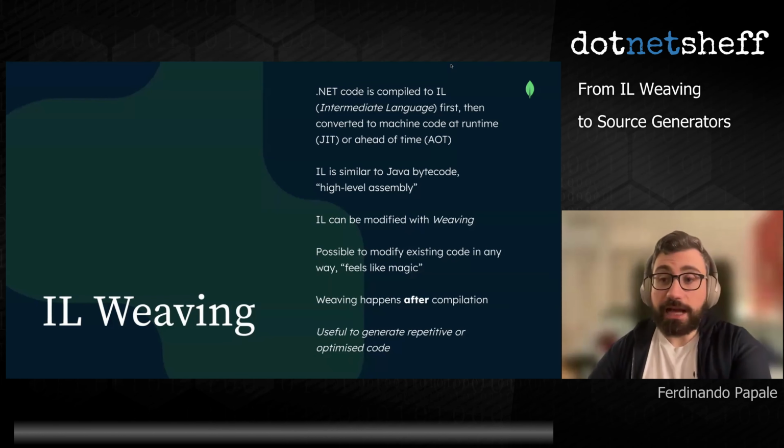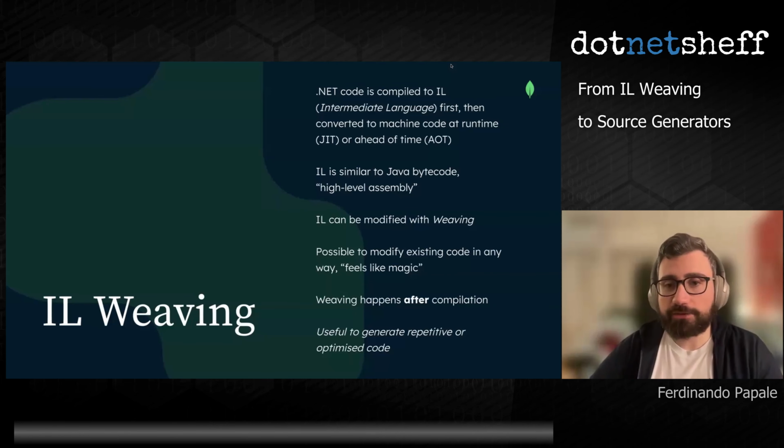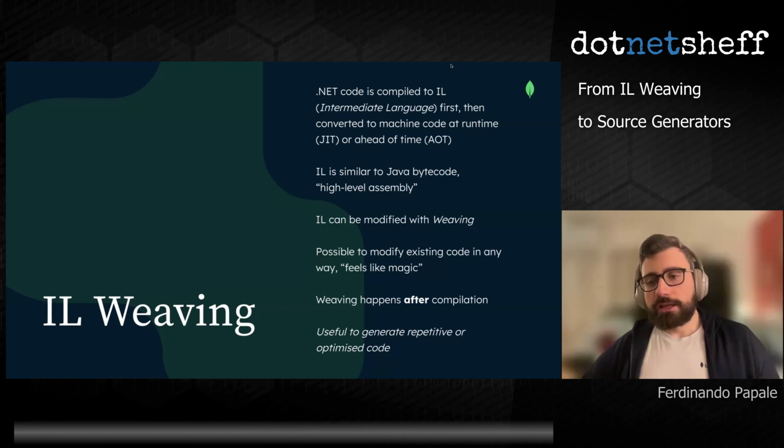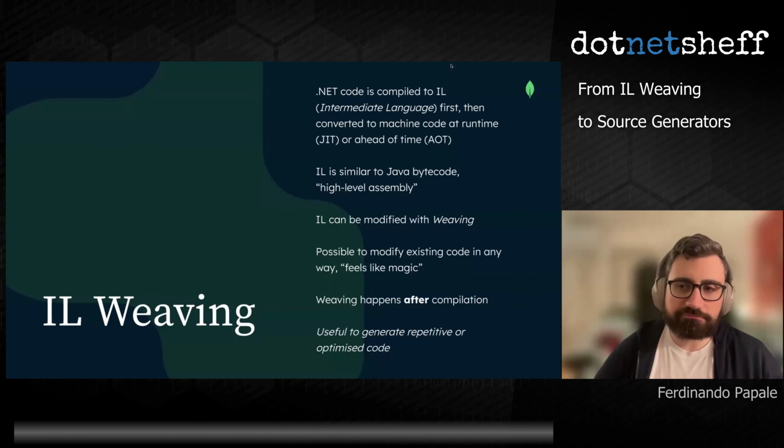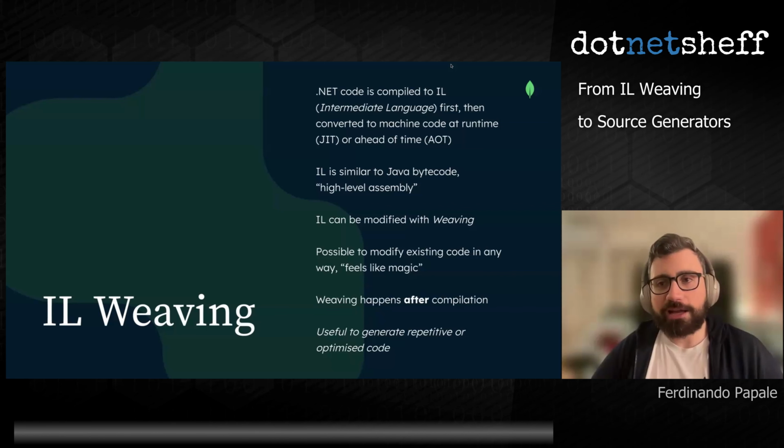You can add classes, change the behavior of methods, add attributes, remove attributes, and do practically everything. So it almost feels like magic. And one important thing to remember about IL weaving is that this is something that happens after compilation. I would say it's a given, because you need to have IL code in order to have IL weaving.